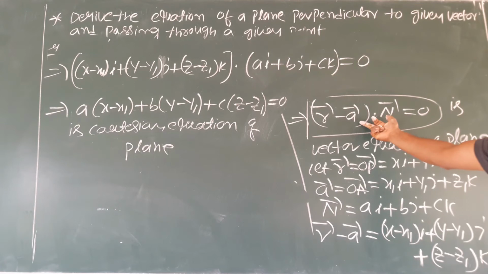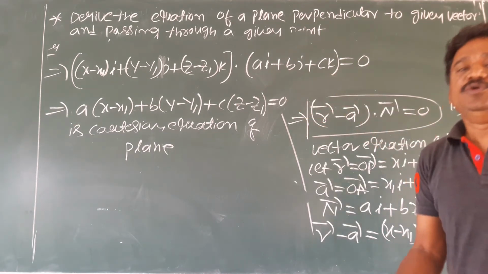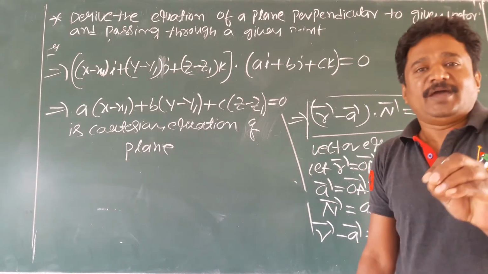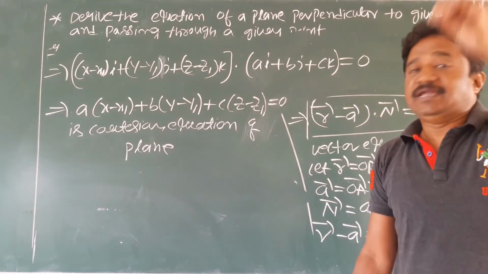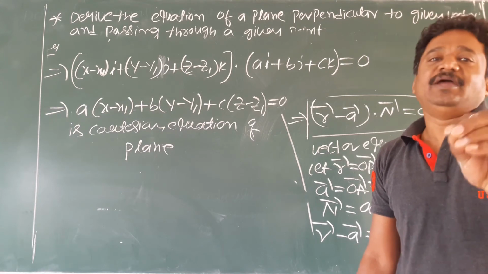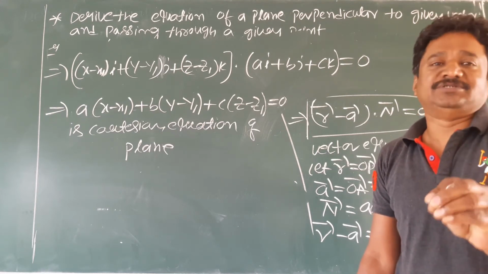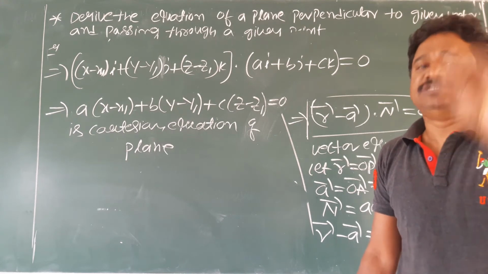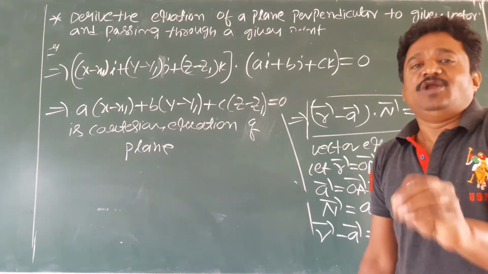So okay students, we got the equation of the plane in both vector and Cartesian forms. This is the vector form, that one is the Cartesian form. In planes you need to memorize only the vector equations, not the Cartesian forms. But in lines you must memorize both vector and Cartesian forms. In planes, memorizing the vector equation is enough to solve problems.